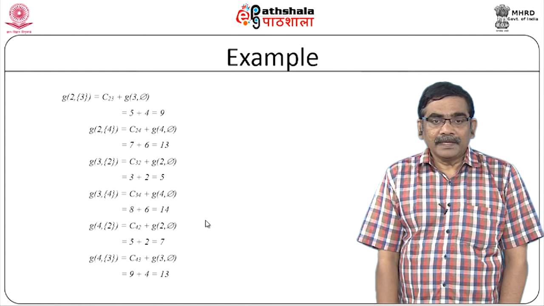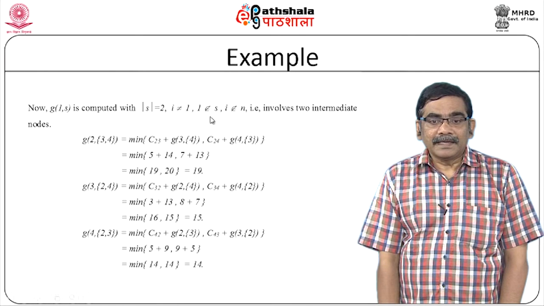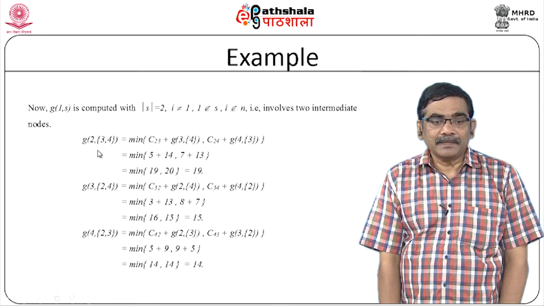Now we have to increment s, that means we increase the size of the set to 2. Now I consider the possibility of starting from 2 and going via 3 comma 4.